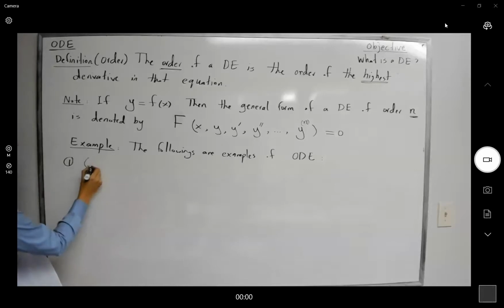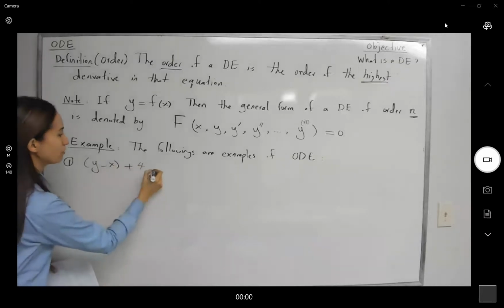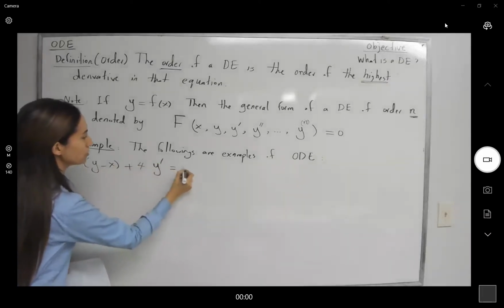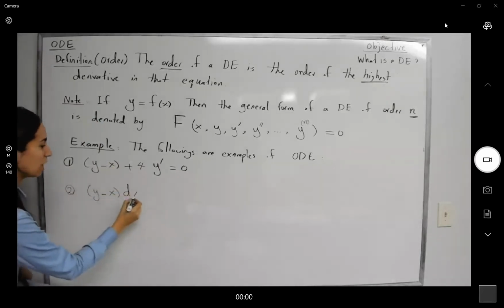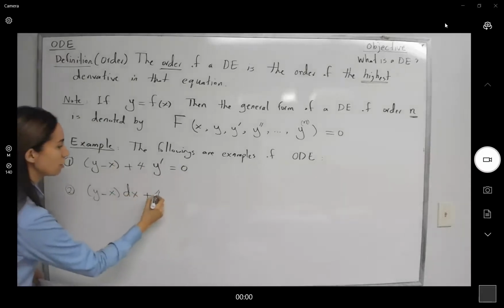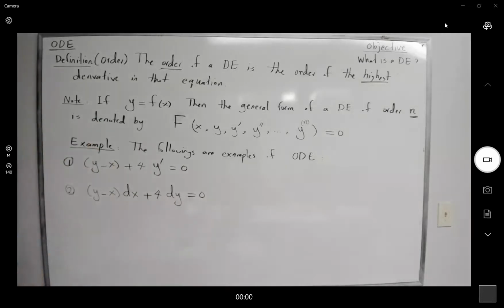You have y minus x plus 4 y prime equal to 0. Second, you have y minus x dx plus 4 dy equal to 0.